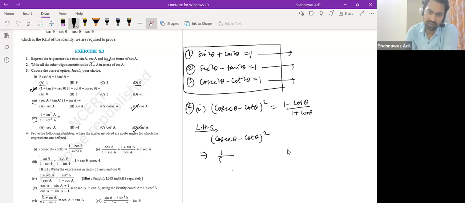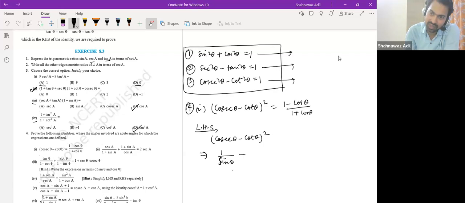Sine. So it is 1 by sine theta. And this cot theta is what in terms of sine and cos?